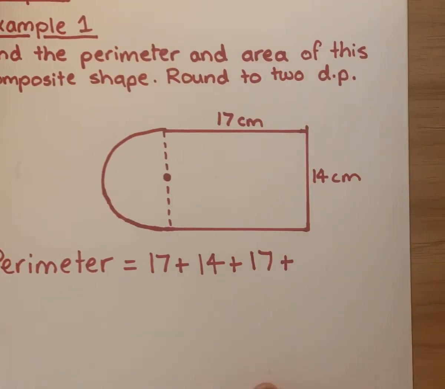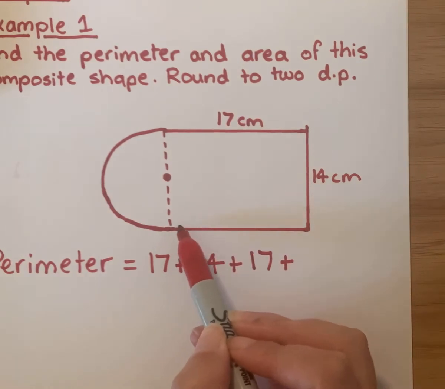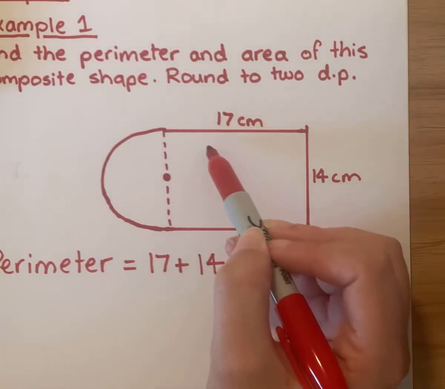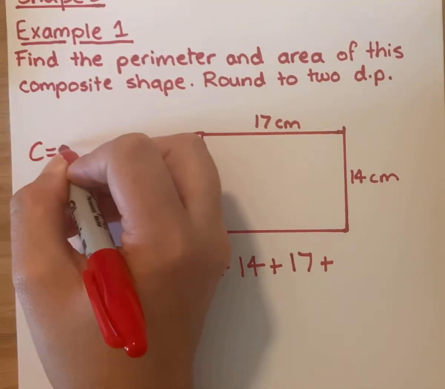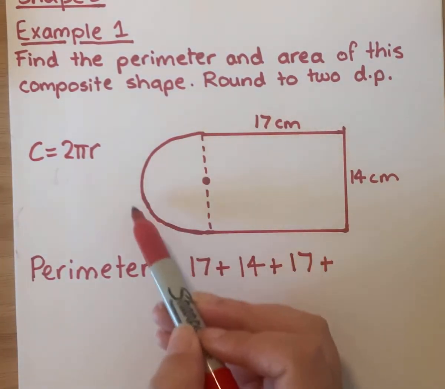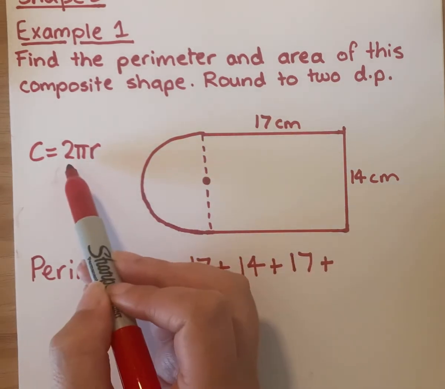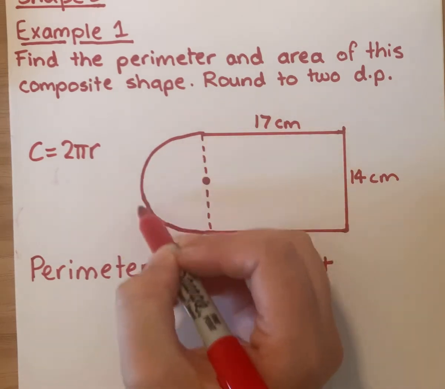Now, how do we work out what the arc length is? If we had a full circle here, if we can imagine that this wasn't a half circle, it was a full circle, and we wanted to find the circumference, we would use the formula circumference equals 2 pi r. But because we've only got half of that circumference, it's just going to be a half of 2 pi r to find this arc length.